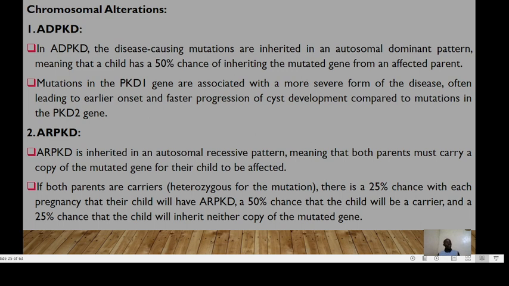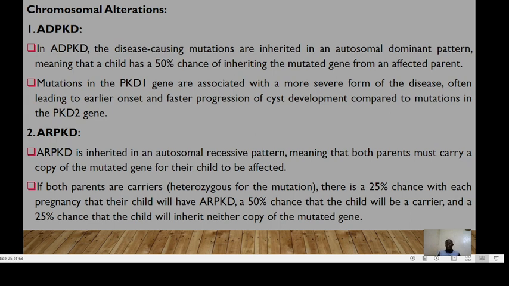As for autosomal recessive polycystic kidney disease, it's inherited in an autosomal recessive pattern, meaning that both parents must carry a copy of the mutated gene for their child to be affected. In this case, the parents are carriers, heterozygous for the mutation.